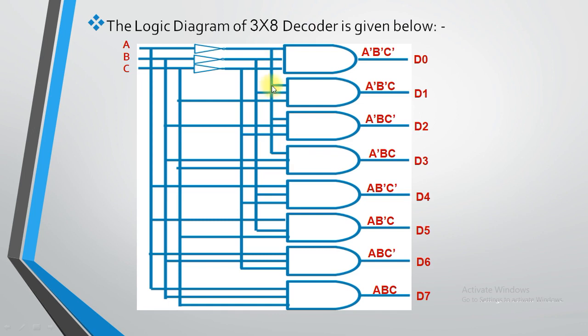And A dash you can pass over here. And in the next 4 AND gates, the value of A is passed. You can see this is the first, second, third and fourth. Is that clear to everyone?